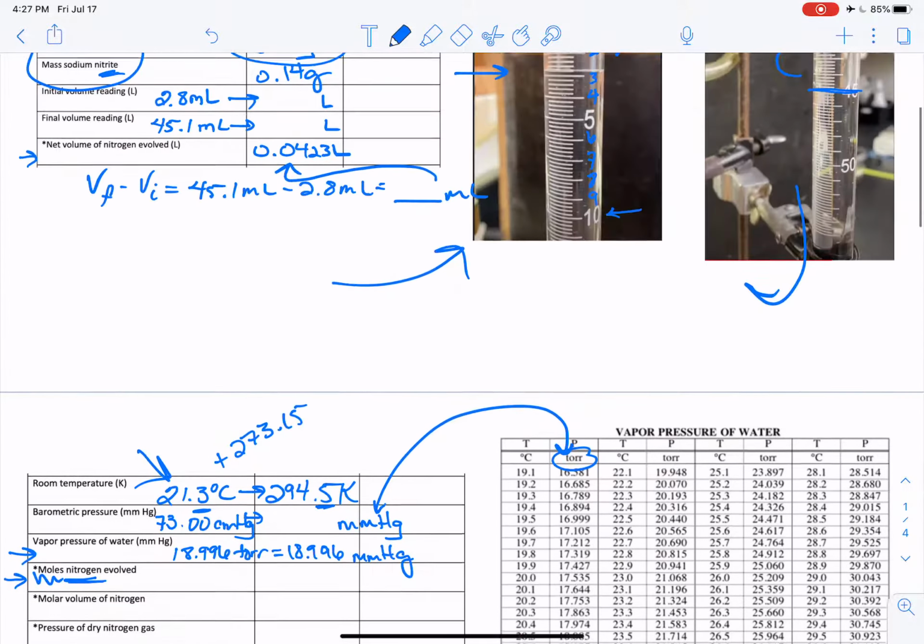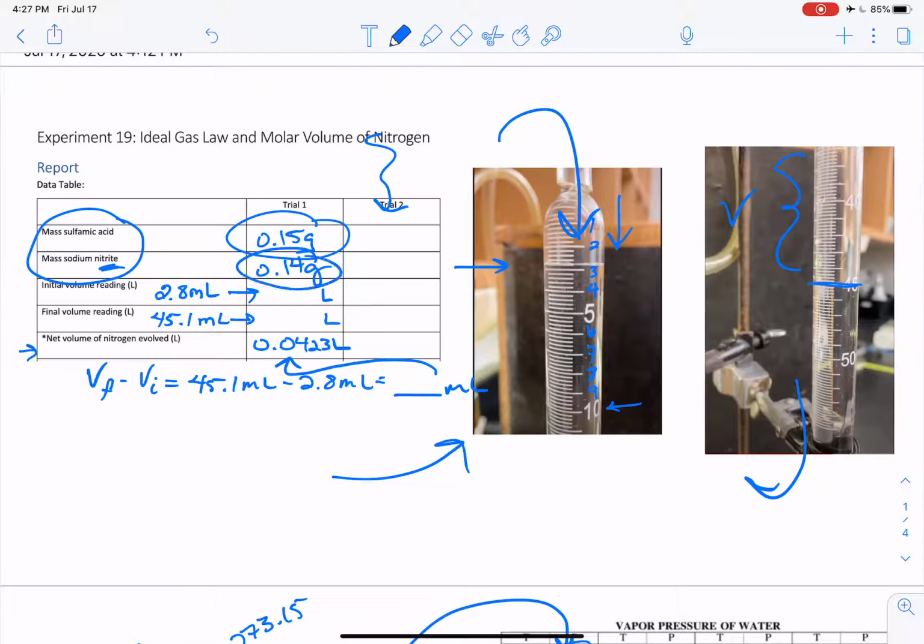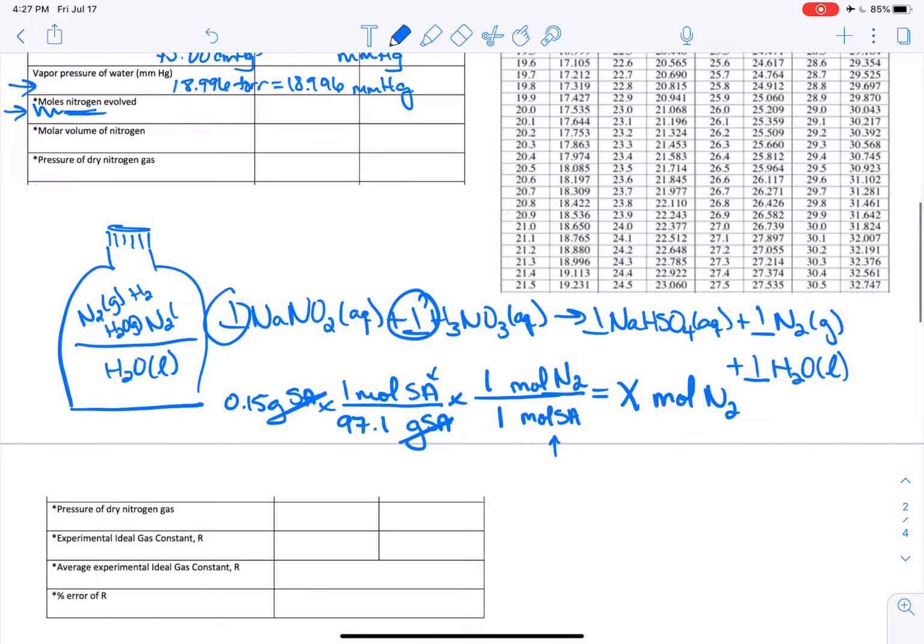So what we had is 0.14 grams of sodium nitrite. So we write that right here: sodium nitrite. And we want to get rid of grams of sodium nitrite and go to moles of sodium nitrite.